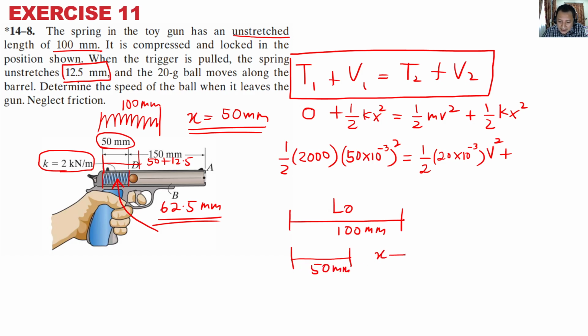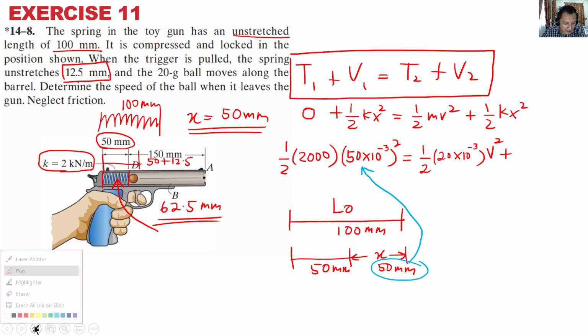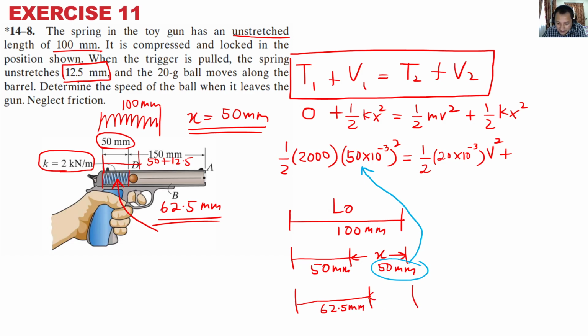So X ni kat sini, elongation dia adalah 50 mm. This elongation kita letak kat mana? 50 mm ni kita letak dekat sini, original. So finally kita release dia kan. So bila kita release, spring ni sudah jadi macam tu, 62.5 mm. So you tell me berapa banyak energy lagi dia ada.